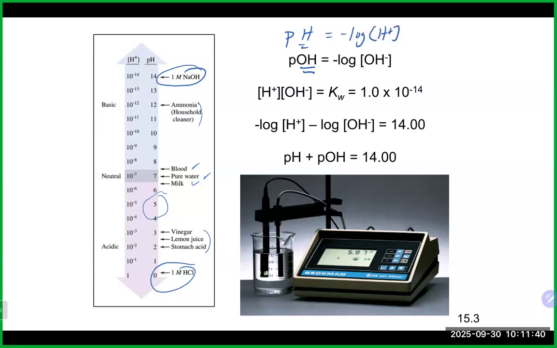The reason that could be very helpful for you, for example, is if you have the OH minus concentration but want the pH, you could actually calculate the pOH and then use this relationship here, which is the pH plus the pOH is equal to 14. So that does give you a little bit of variety in terms of how you could solve it.